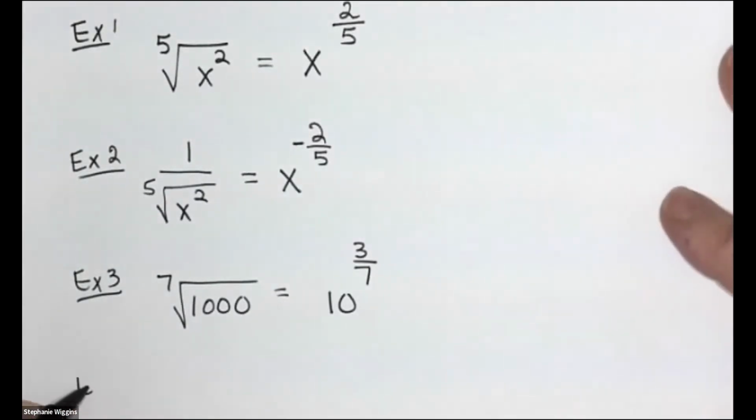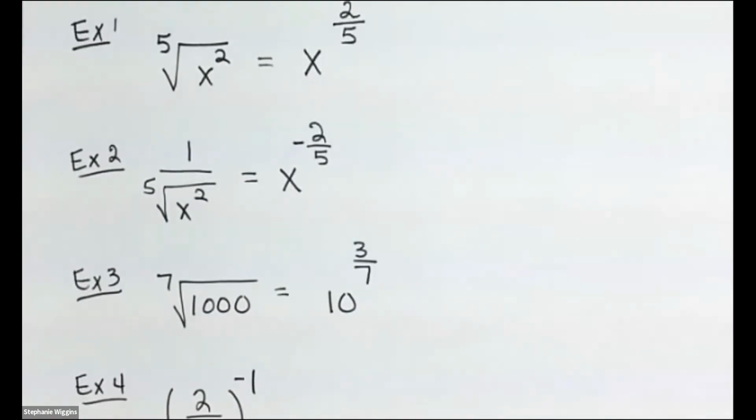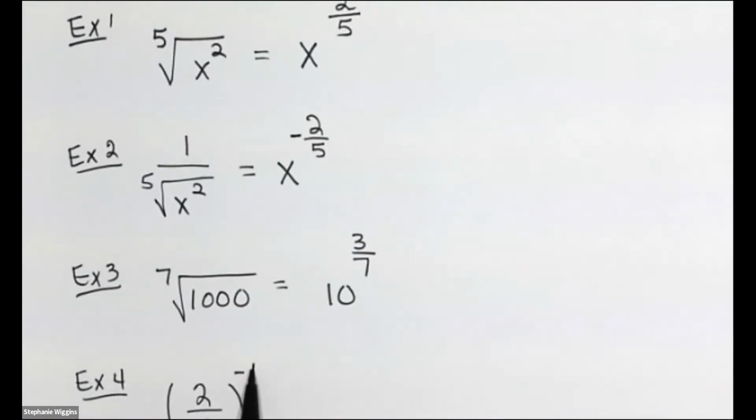And if you have something like a fraction, 2/7 to the -1, if you want to simplify that, the 1 is not going to change anything. 2/7 to the power of 1 is still 2/7. But the negative here is going to give you the reciprocal.